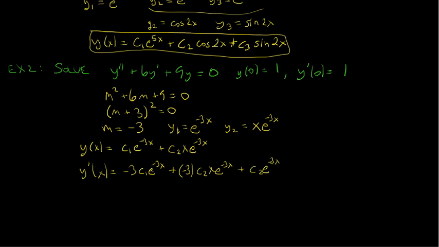And I think we can simplify this a little bit. Obviously we can take out the e to the -3x, that just multiplies everything. So we get -3 c1 plus c2, and then minus 3 c2 x.